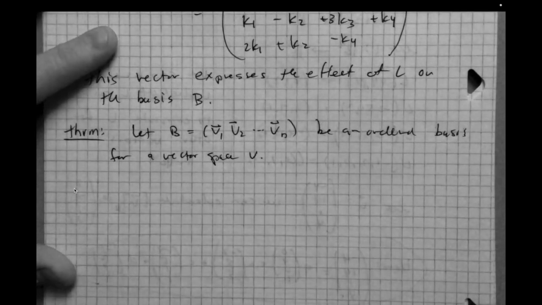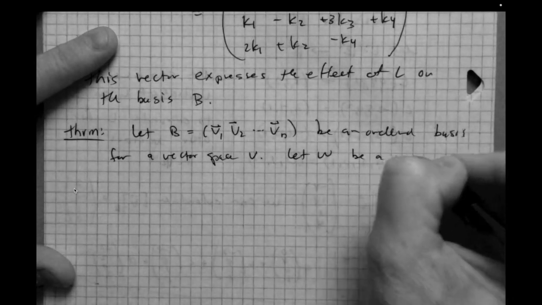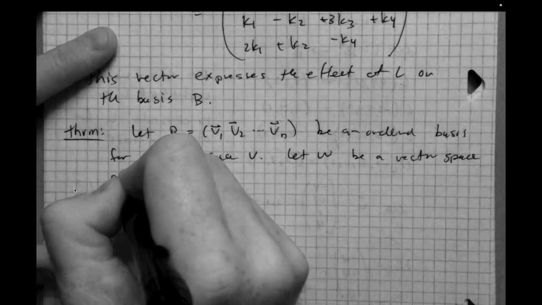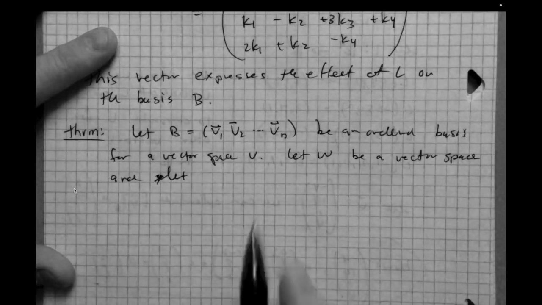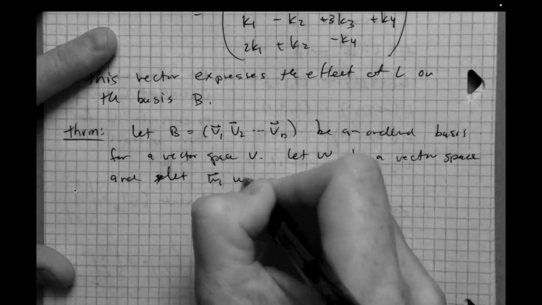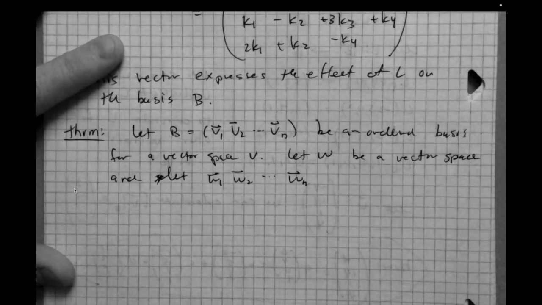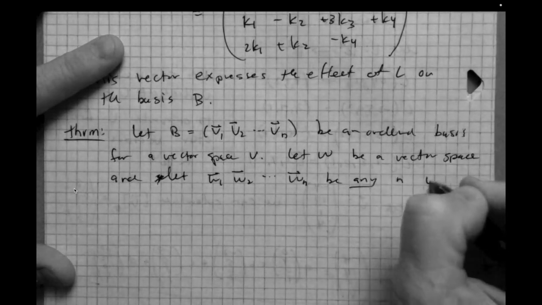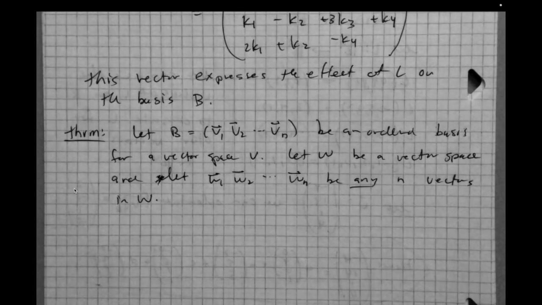Okay. We're going to let W be a vector space, and let w1, w2, ..., wn be any n vectors in W. Okay, so that's the setup.